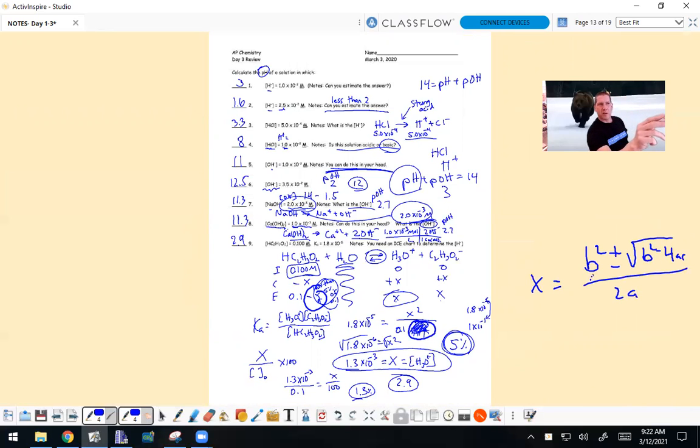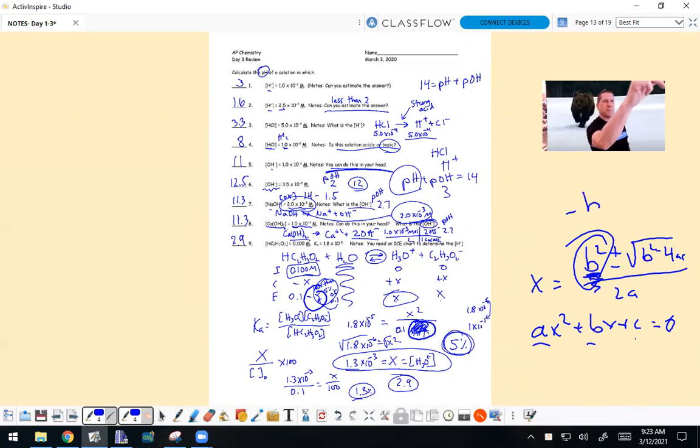I don't remember exactly, but I'd have to look it up. We'd have to get this equation into the AX squared plus BX plus C equals 0 format and plug in A, B, and C. But again, we don't care because we're not doing it.